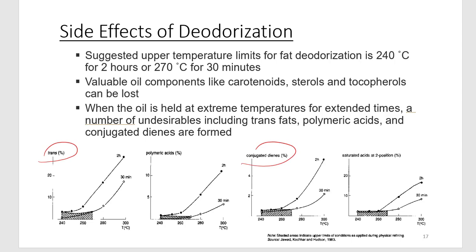That's why there are suggested upper temperature limits and times for that process to prevent the formation of those undesirable byproducts. It's generally 240 degrees Celsius for 2 hours or 270 degrees Celsius for 30 minutes. Because we can also lose some valuable oil components like carotenoids, sterols, and tocopherols because of that high temperature.